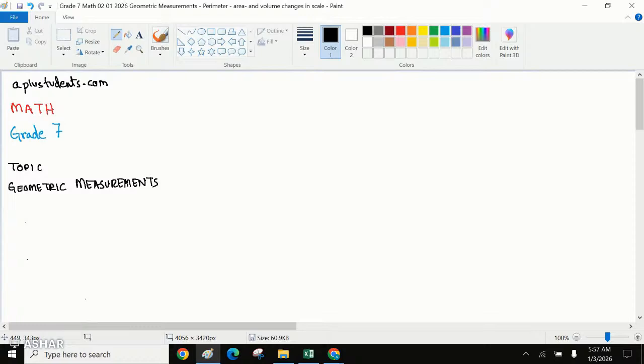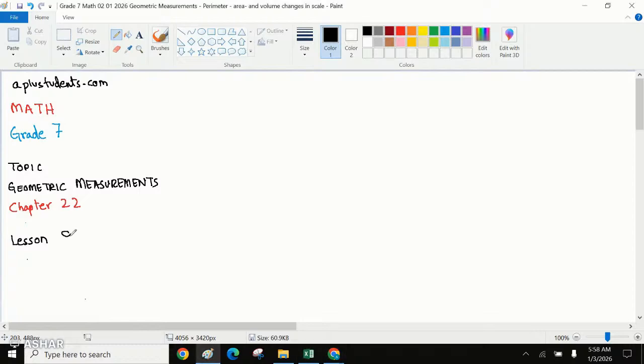Okay. Once we have found the topic geometric measurements, let's look at the chapter number. The chapter number is 22. And the lesson number is 9 for today.